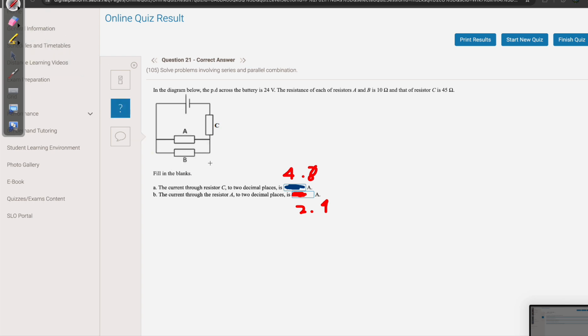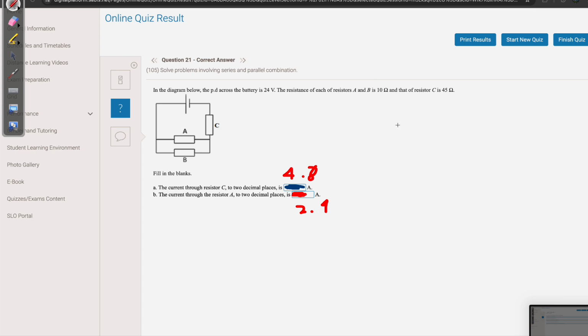So simply what we can do is V equals IR. Now look, we can also say that the resistance in the combination is equal to the resistance of each resistor, not combined, like a separate resistor.